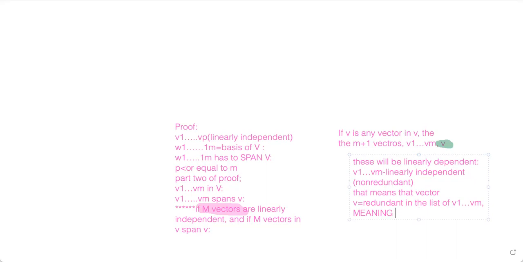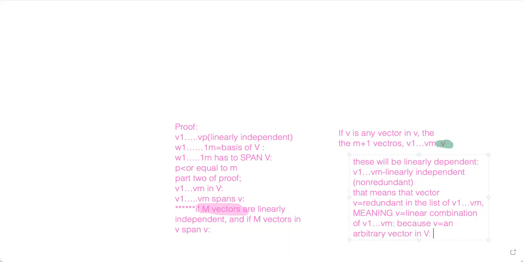Meaning, based on what we know about redundant vectors, V is a linear combination of V1 through Vm, all right? Because we know that V is an arbitrary vector in V.